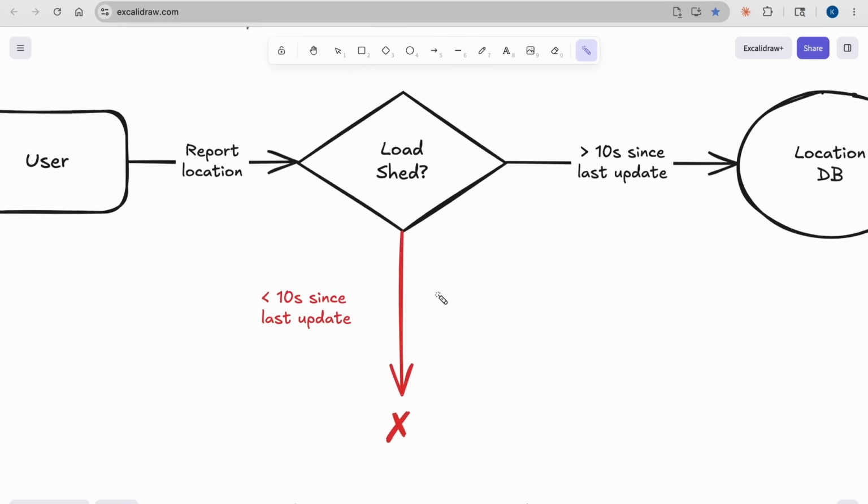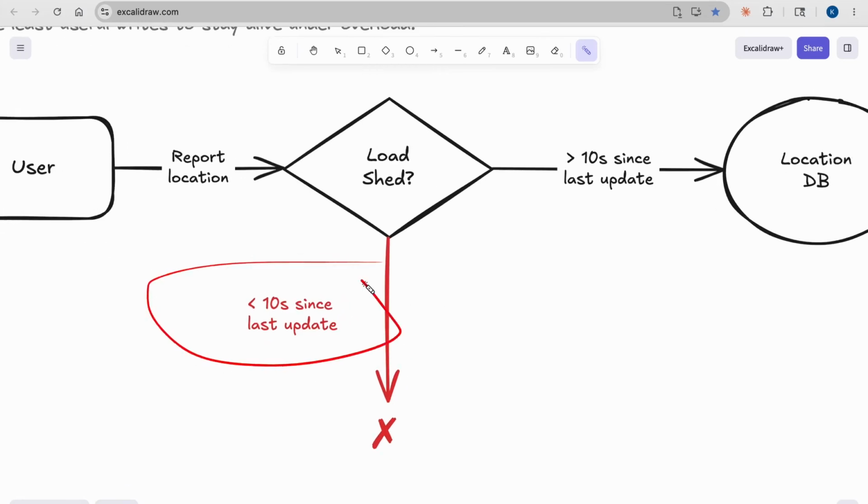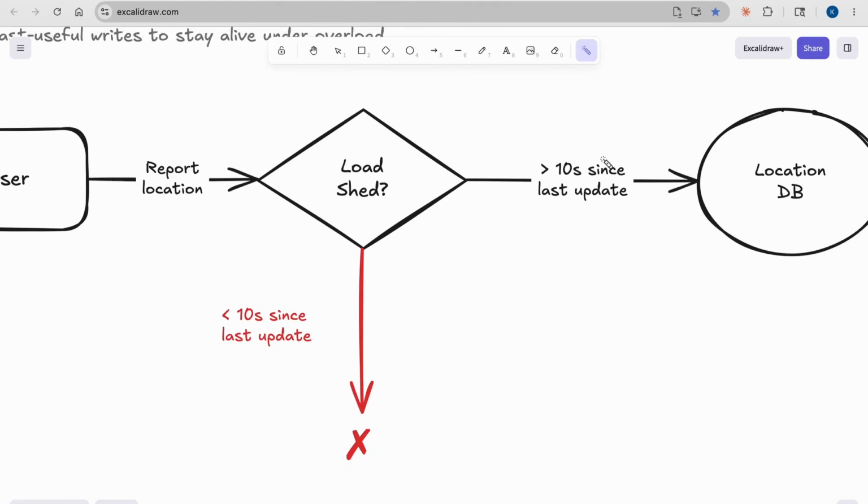For example, if it's less than 10 seconds since the last update, we can just get rid of it, only during high overload times. If it's greater than 10 seconds since the last update, we take it and update our location DB. This way we shed the older writes and keep the latest one, which is what really matters to us.